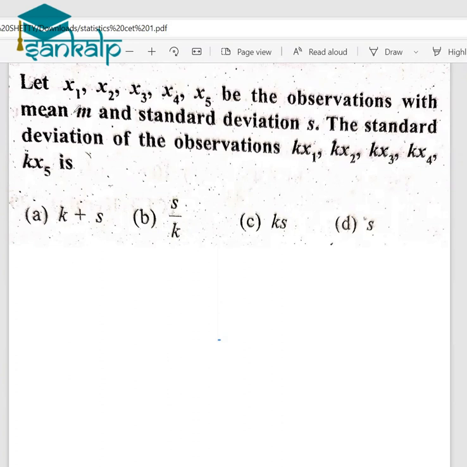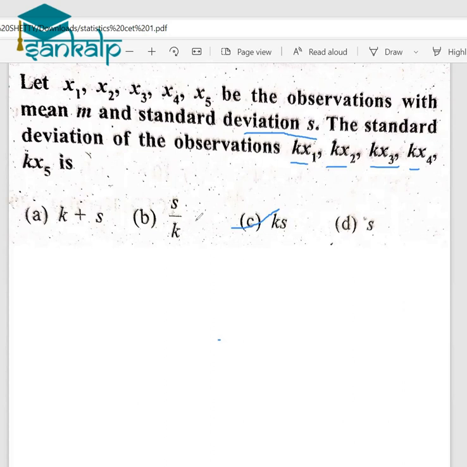So here each observation is getting multiplied by k, then the new value of standard deviation will be, okay. The previous value is S, and each observation in the second case is getting multiplied by k. So using the result, the new standard deviation will be k into S, which is option C.